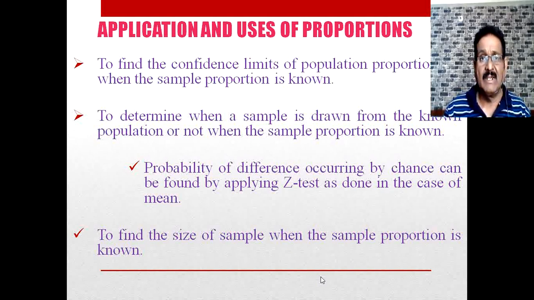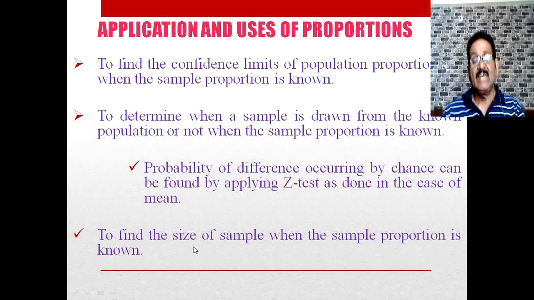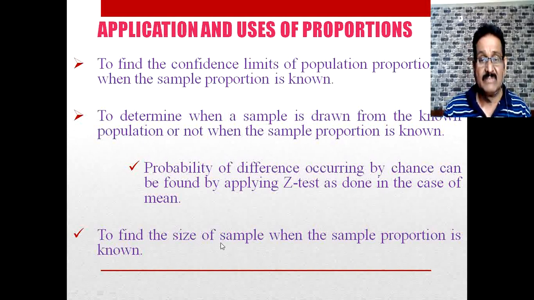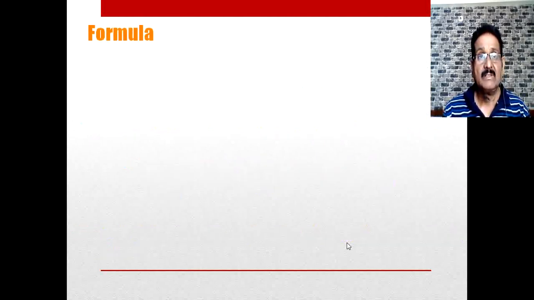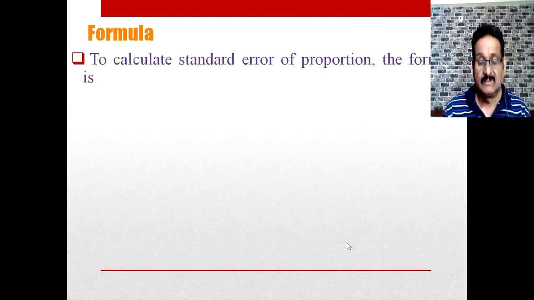This is a very important application of proportion when we want to conduct any research. At that time the size of sample to be determined plays a key role. So this is a very important application of proportion, to identify the sample size. So now the formula we use to know the standard error of proportion.